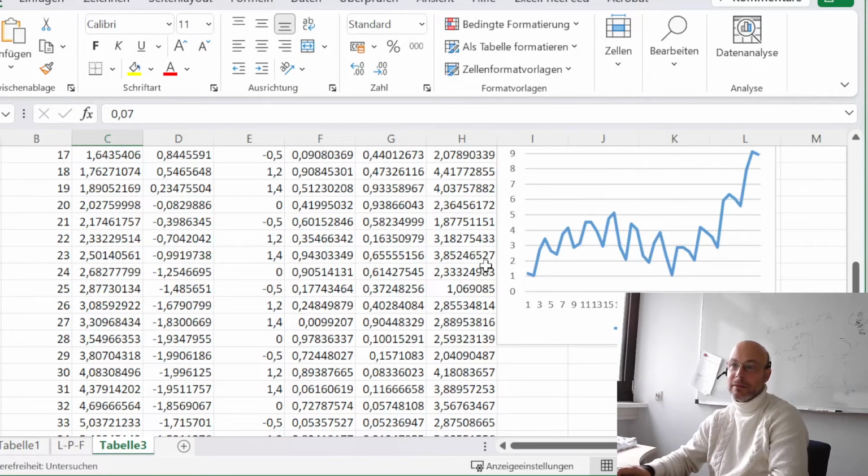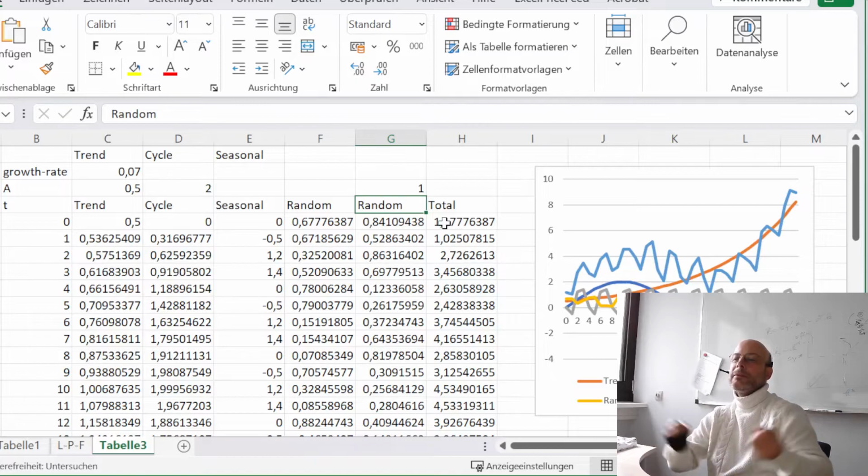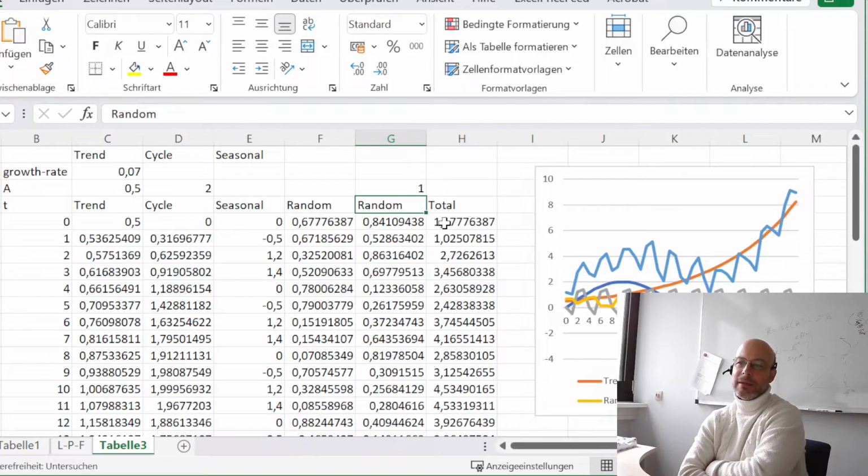And then at the end, you are left with your random component, and you identify this random component, and maybe with some management decision, you can reduce the magnitude of your random component, so that in the future you can better forecast where your company will be tomorrow.